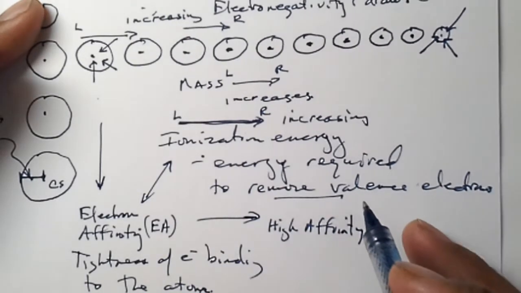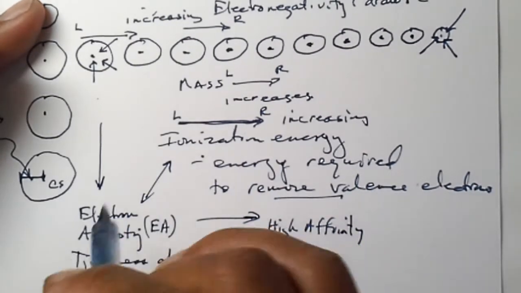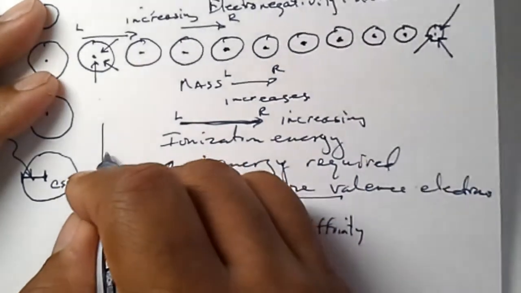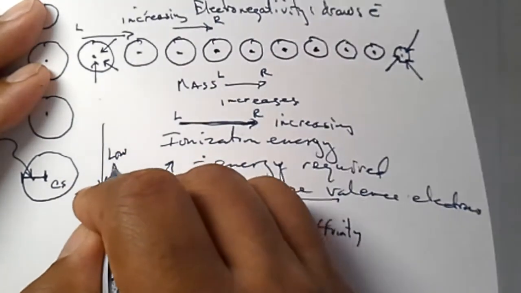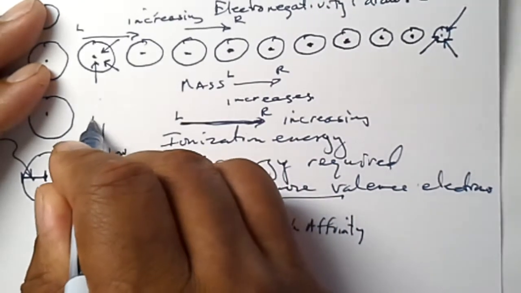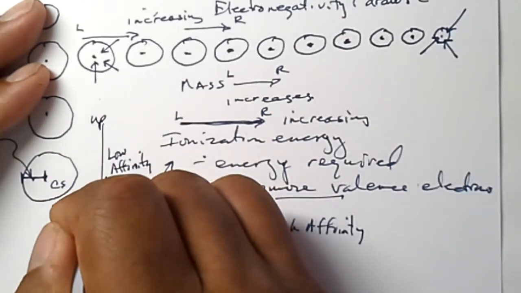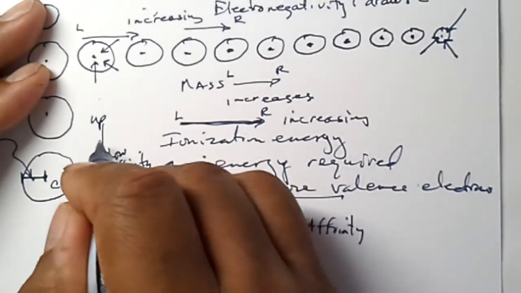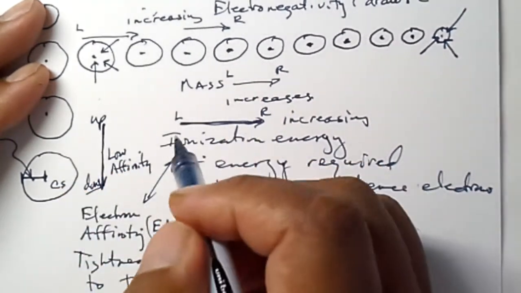However, as you move down the table, low affinity, as you move from up to down.